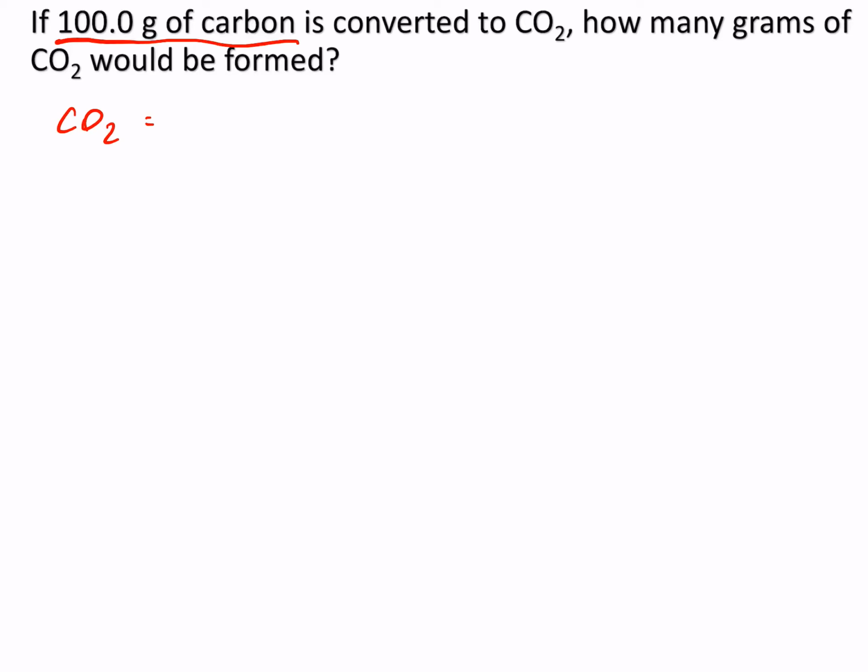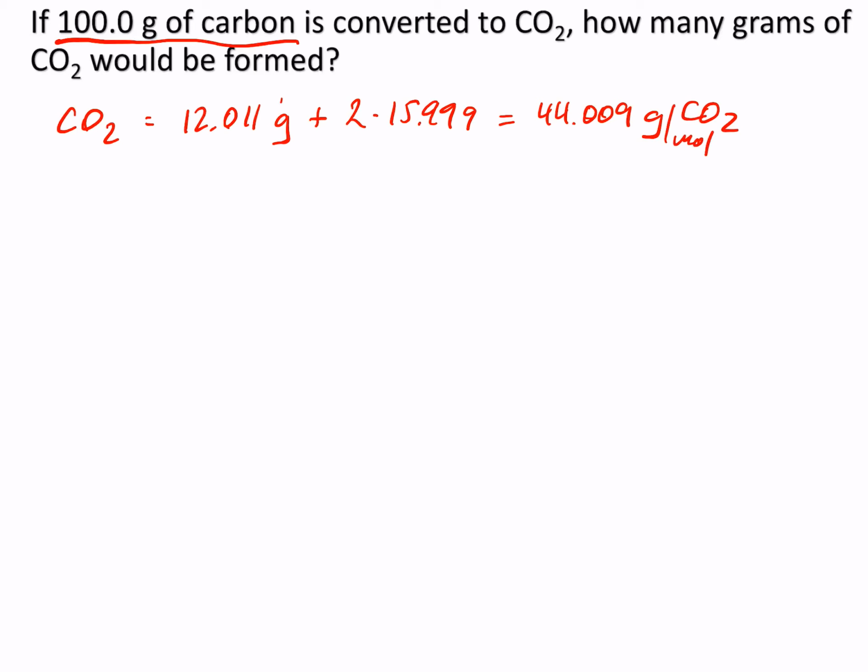Basic for every one of these problems, you need to calculate the molar mass, which is 12.011 grams of carbon plus 2 times 15.999 from oxygen, and that is 44.009 grams per mole of CO2.